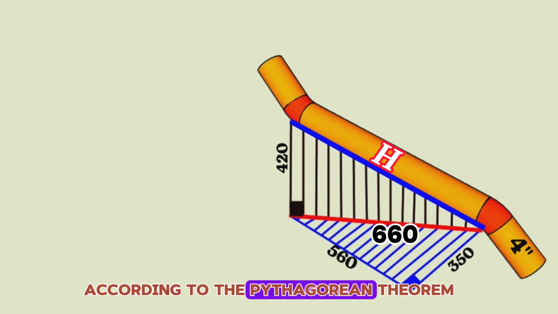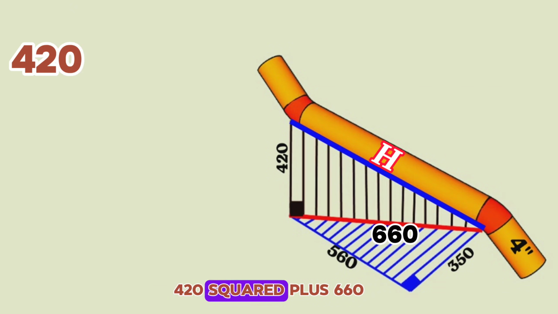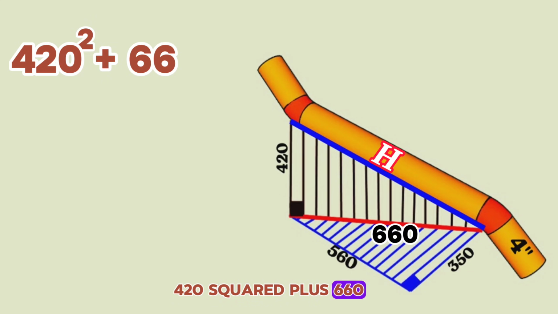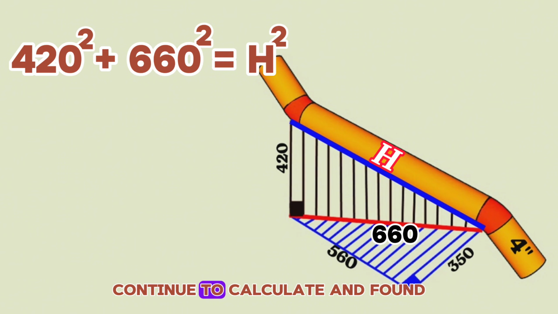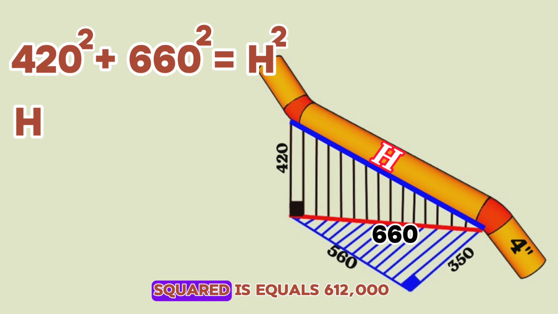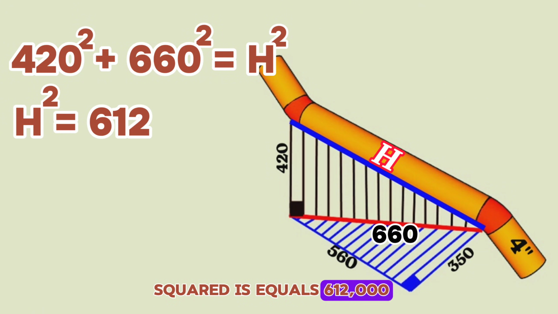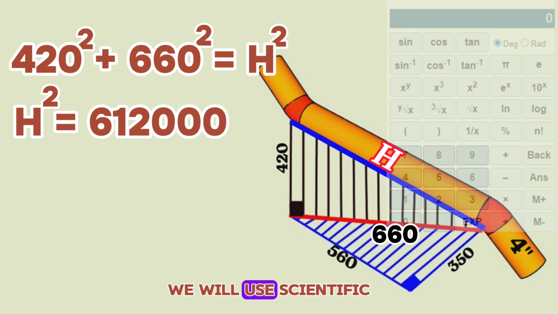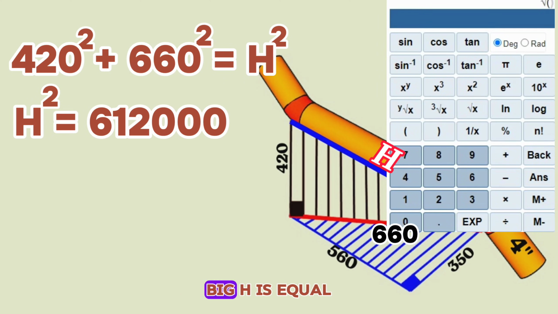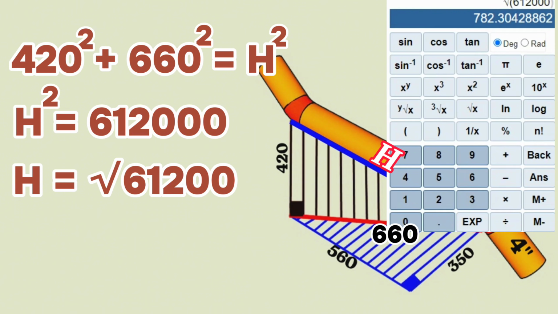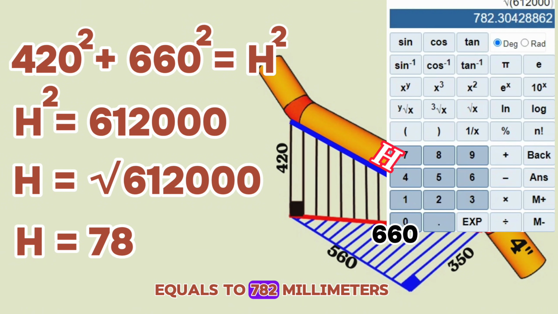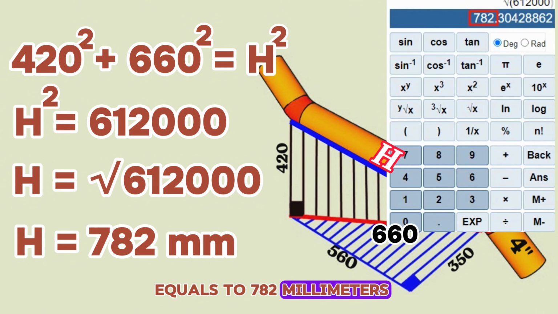According to the Pythagorean theorem, 420 squared plus 660 squared equals big H squared. Continuing to calculate, we find big H squared equals 612,000. We will use a scientific calculator to find big H, the square root of 612,000. At last, H equals 782 millimeters.